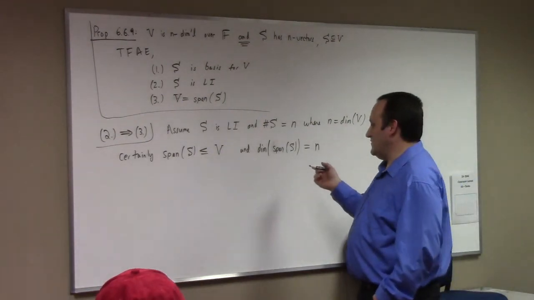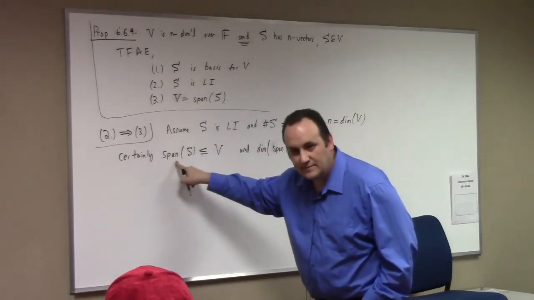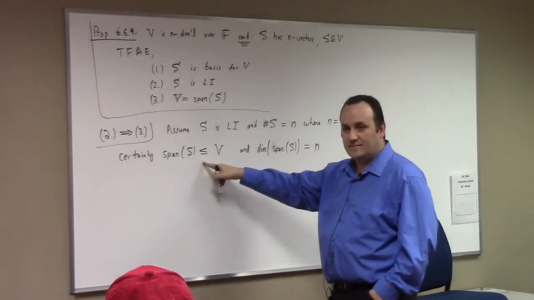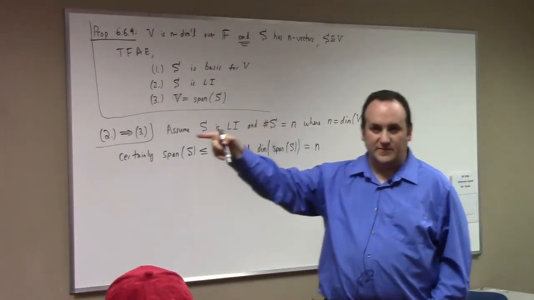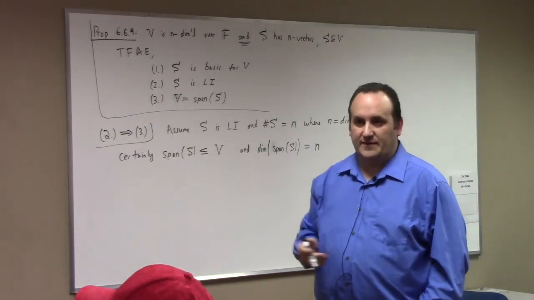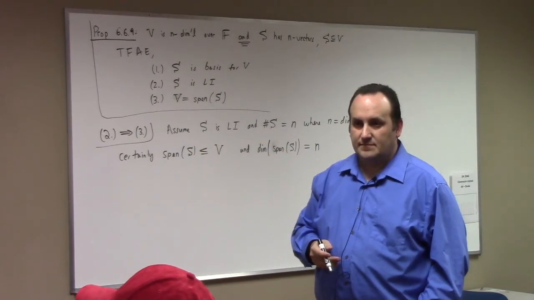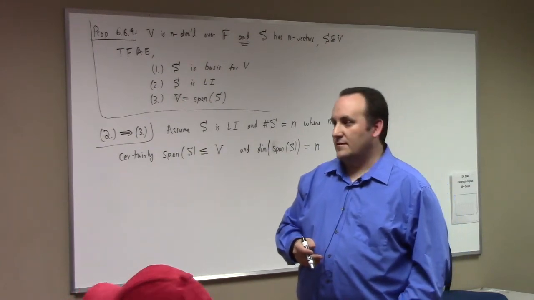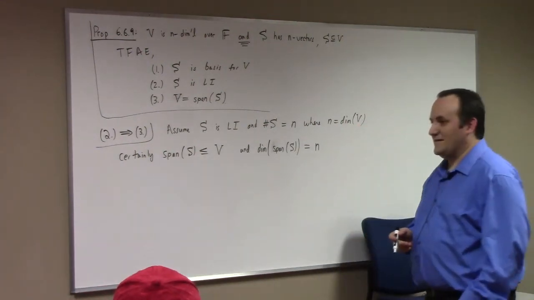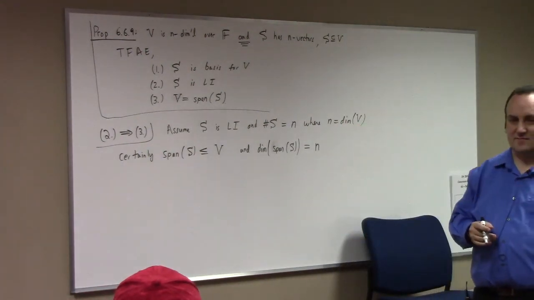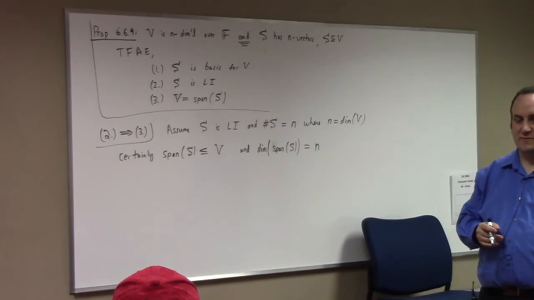So, yeah, check it out. We've got a subspace of dimension n. So by our previous theorem for today, it's everything. Right? And if you don't trust that, I didn't really go through the details of that part of the theorem we're using here.